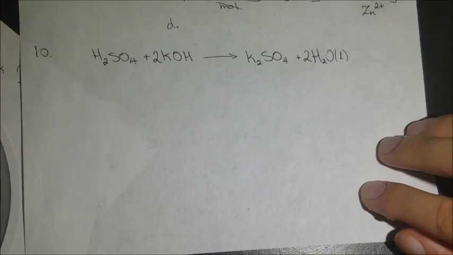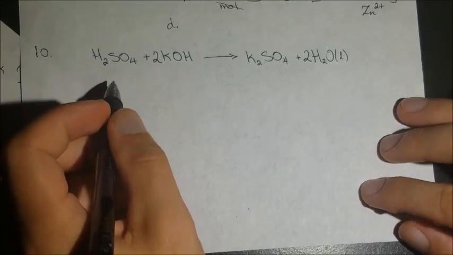So if we can figure out how many moles of hydroxide we have in the solution, then we will automatically be able to figure out how many moles of protons were in there, and then from that we can figure out what the acid concentration was.